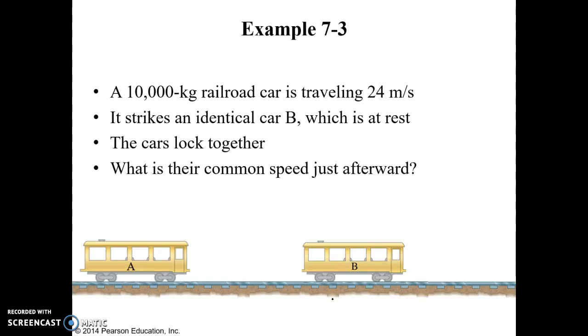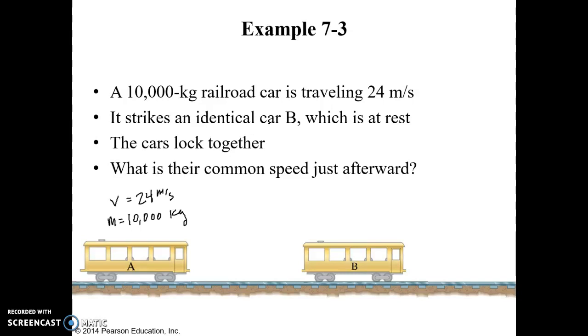So let's now look at an example where we have a 10,000 kilogram railroad car. Its mass is 10,000 kilograms, and it's traveling at 24 meters per second. So its velocity is 24 meters per second.